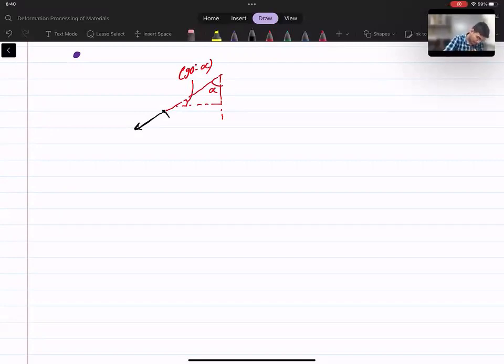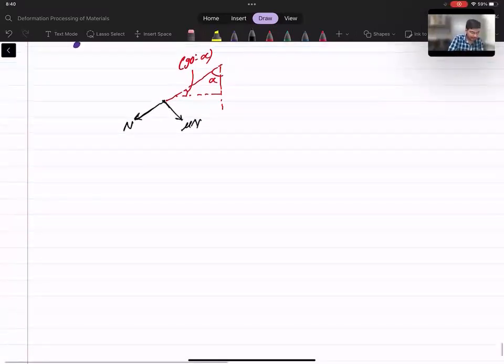So definitely the frictional force will be like this. If this was n, this was mu n. So let us resolve the components and let us see what is the load in horizontal direction. So we will see what is the load required for taking in the workpiece, beyond which or below which it will get slipped.